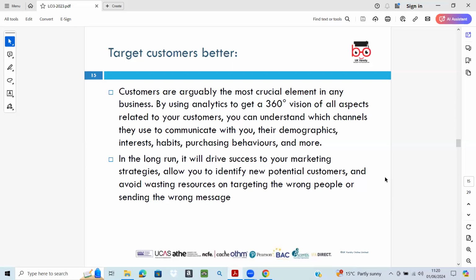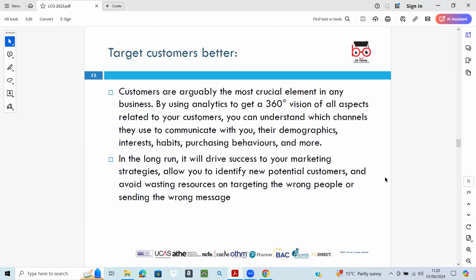We have comprehensive customer insight. We have customer demographics. They are telling us about a 360-degree view.